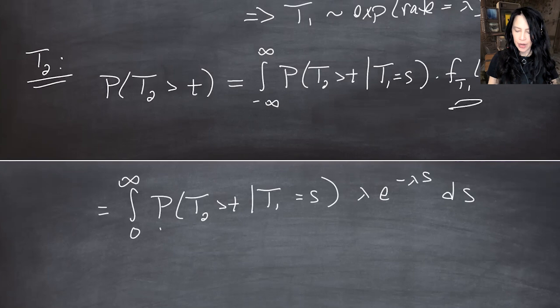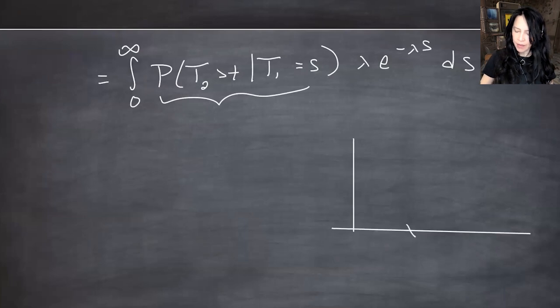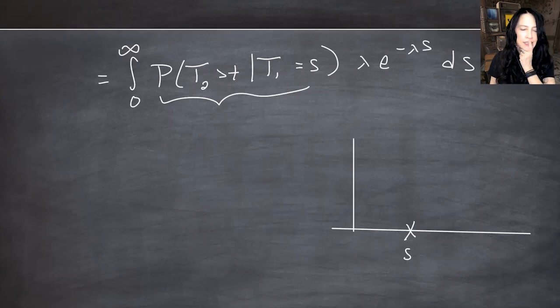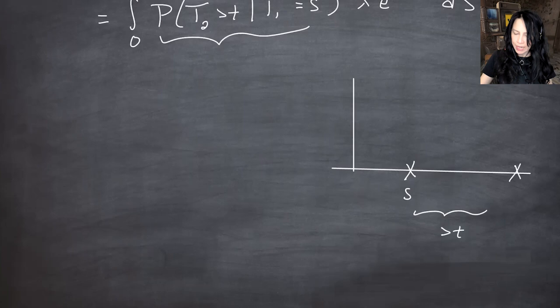Okay, so for this probability, let's draw a picture of the arrival process. I know that the first arrival happened at time s, and I want the probability that the inter-arrival time T2 is greater than t, meaning the time of the next arrival is somewhere up here.